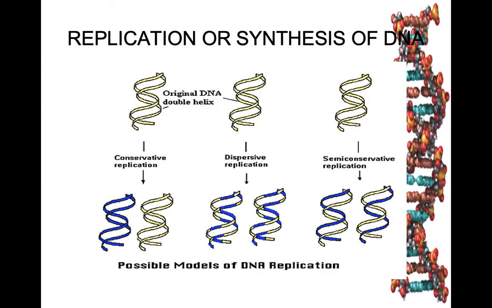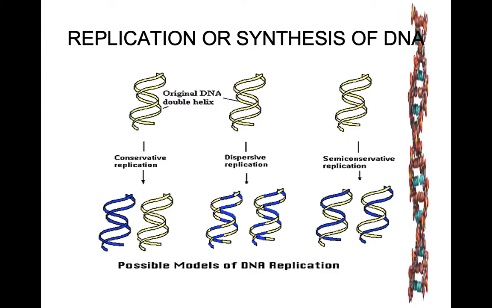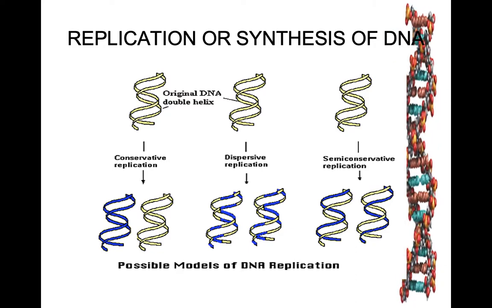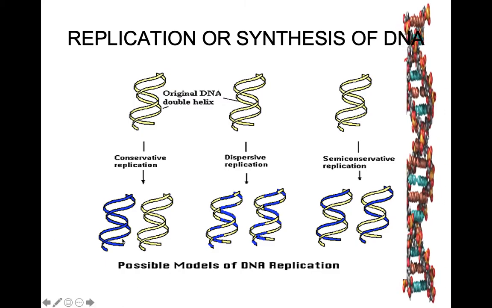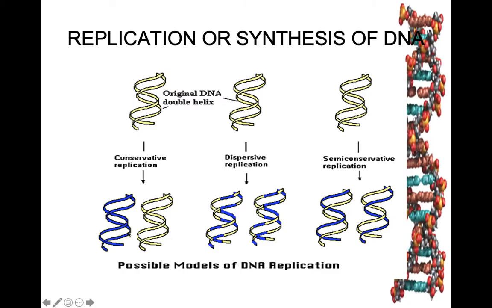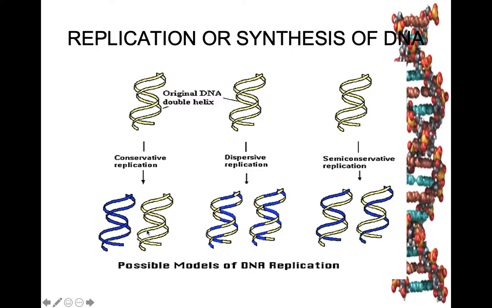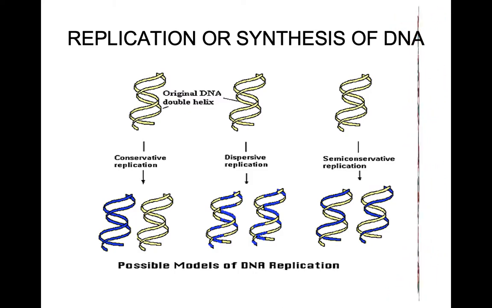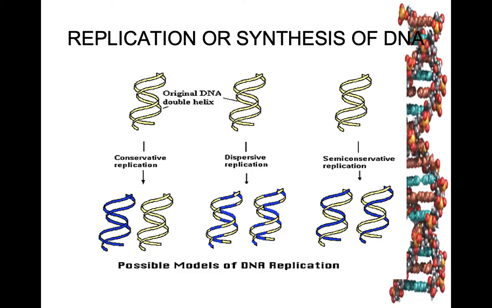There's what we call the conservative replication, where an original DNA double helix will yield a daughter helix which is entirely separate from it, meaning that they don't share any biomolecular material, any atom at all.